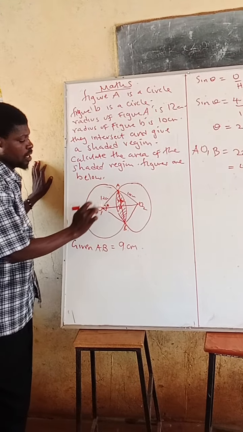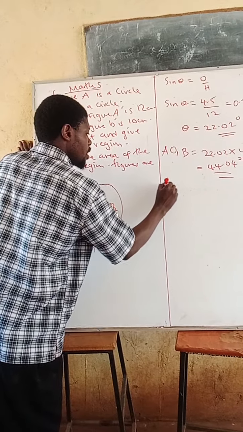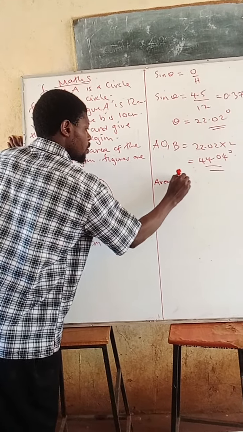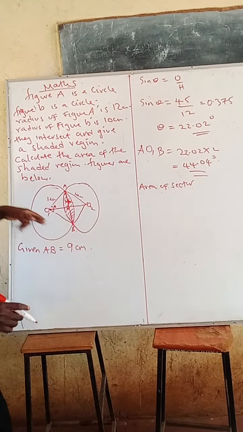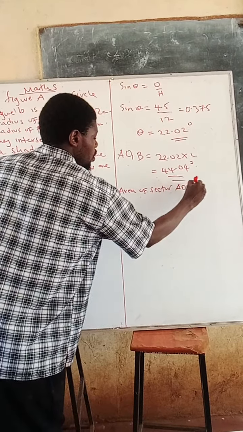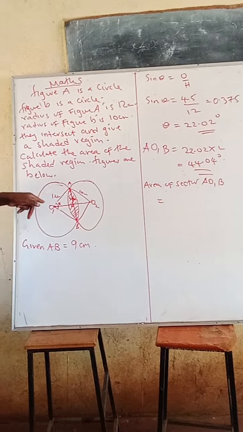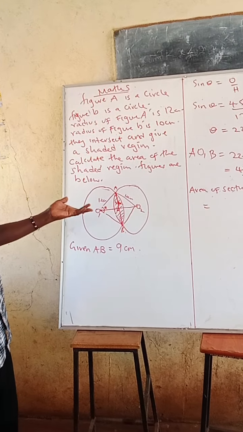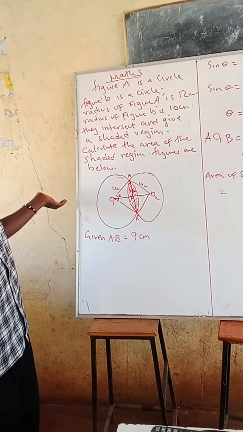We have not yet calculated the area of the sector O1. Now, area of the sector AO1B becomes, remember, theta over 360 times pi r squared.